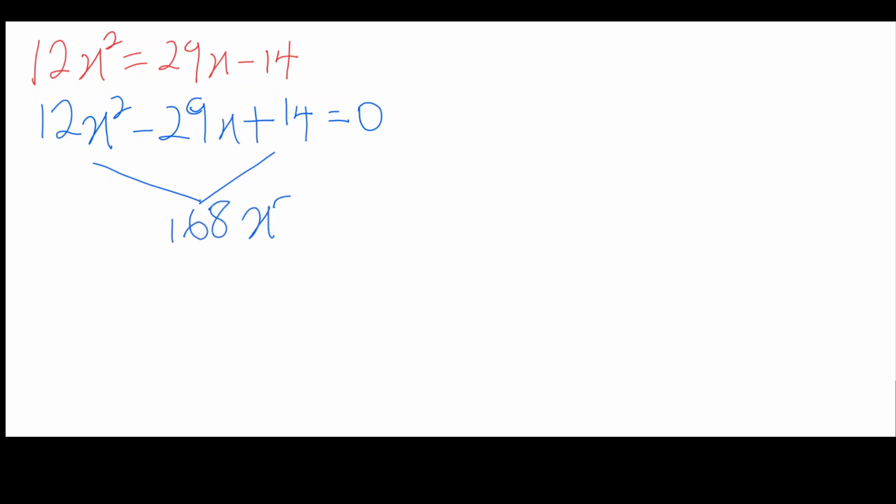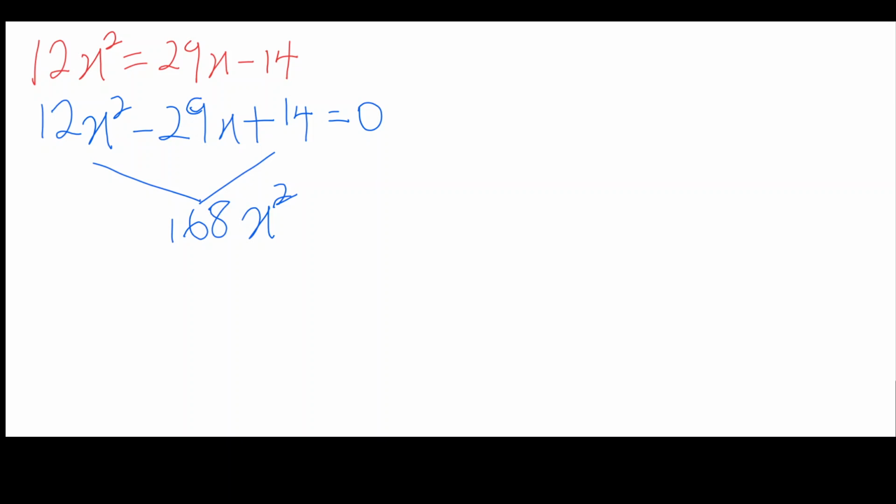So what are the two factors of 168 such that when we add them together, they give us negative 29, as we have in this case? In order not to take much of our time, the factors are negative 21 and negative 8.